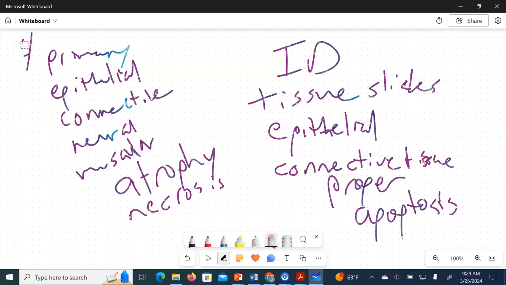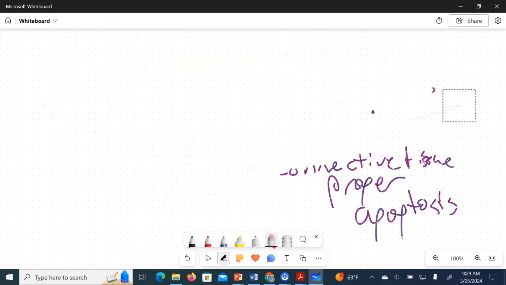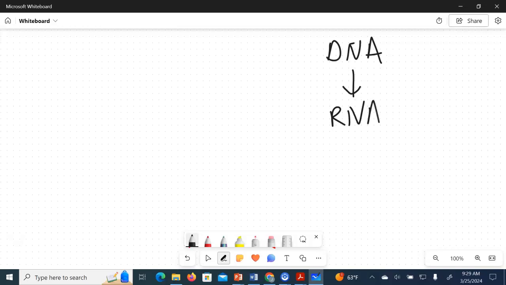Let's see, other things that we need here. As we've discussed, the epidermis is stratified squamous epithelium. The dermis is connective tissue proper. One thing that I failed to mention earlier as we review this is the process that's made in terms of transcription and translation.